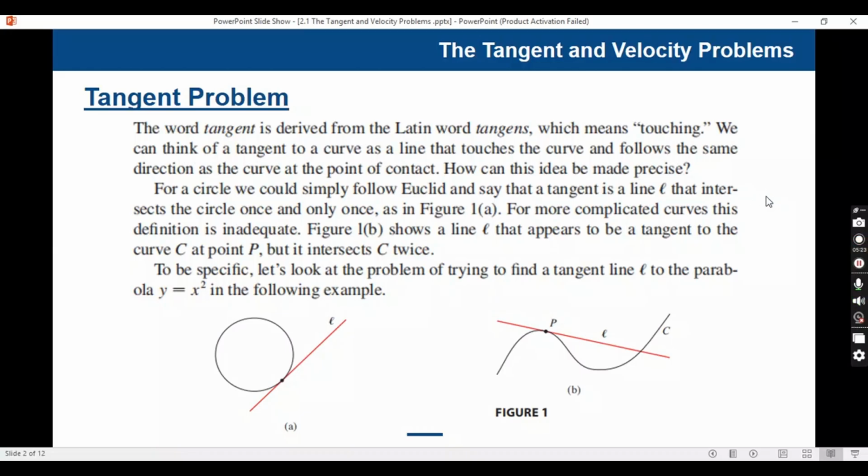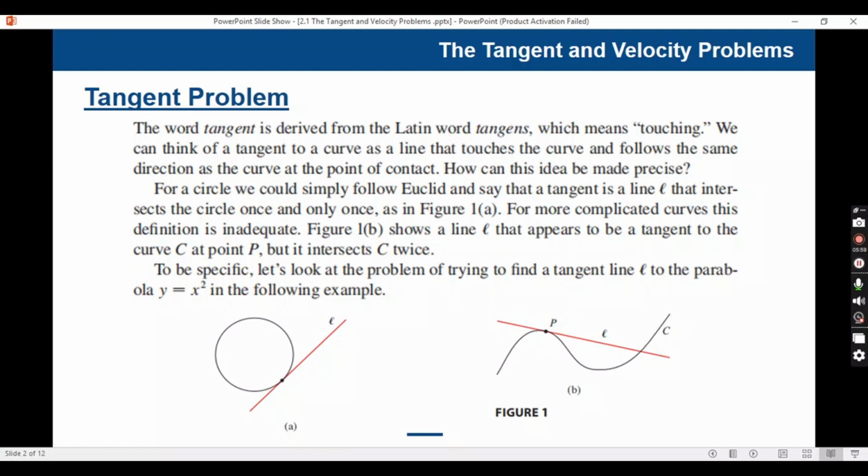We can think of a tangent to a curve as a line that touches the curve and follows the same direction as the curve at the point of contact. For a circle, we could simply follow Euclid and say that a tangent is a line L that intersects the circle once and only once. So we're not just touching, but we are intersecting as well.